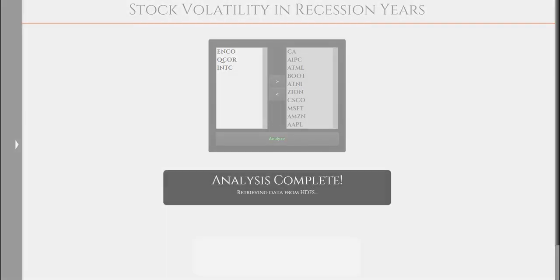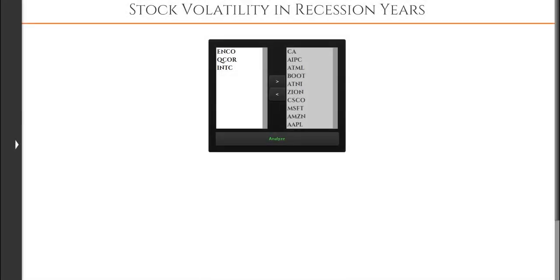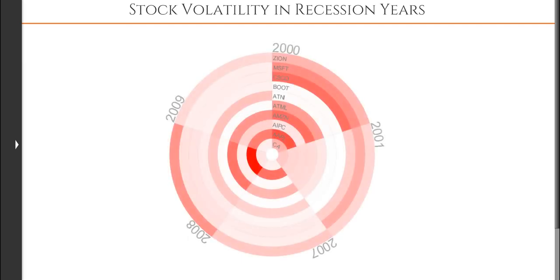Now, when the jobs are finished, the Rails app pulls down the results via a REST API from the Hadoop file system and visualizes them using a d3.js heat map. This heat map shows the volatility of our chosen stocks in recent recession years, namely the recessions of 2000, 2001, 2007, 2008, and 2009.